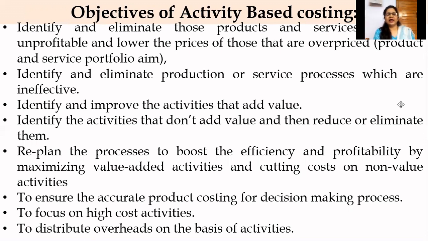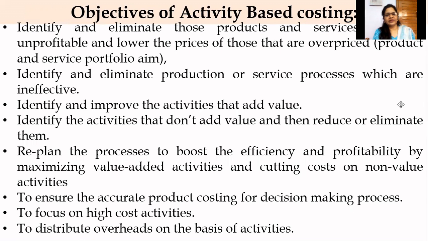To ensure accurate product costing for the decision making process. So this ABC is very important in a decision making process because it gives very detailed cost details to the management so that it can take some proper decision. To focus on high cost activities. So whichever activity has a very high cost, it can concentrate more on those and try to reduce the cost of those activities.